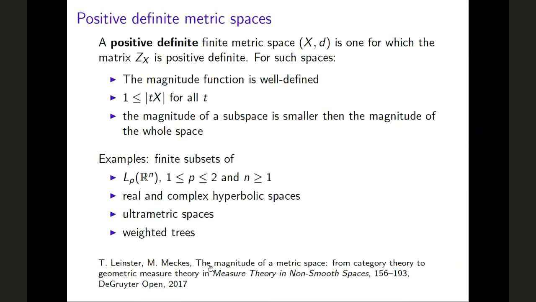And so many of the things I said here I actually took from that paper, and of course they give a survey of results proved in other papers. So this would be a good paper to start with if you would like to learn more about magnitude.